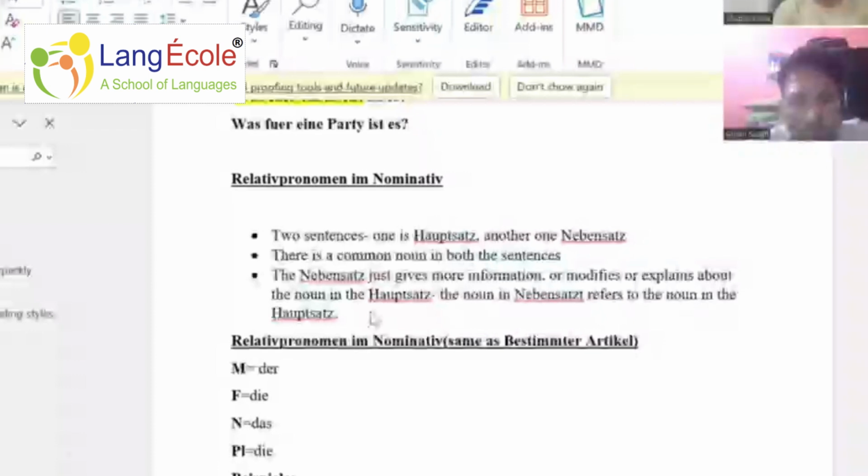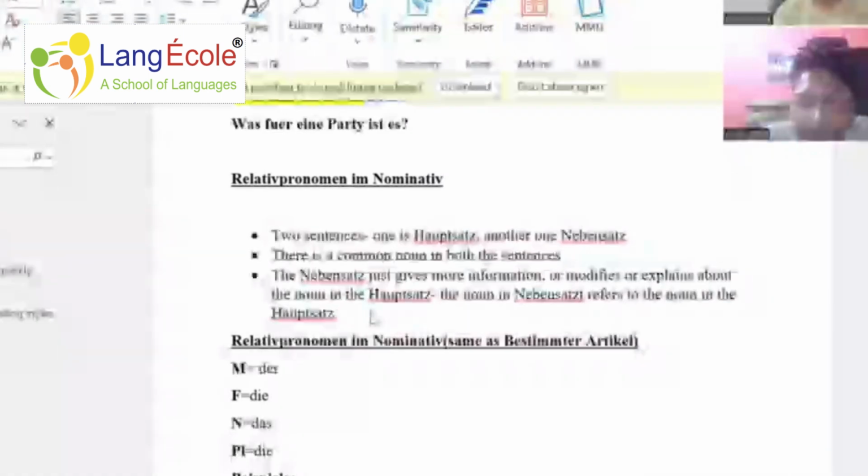So, Nebensatz in simple words is your next clause, which will give more information about it. For example, your first one is always the introductory form, she is a girl. Now we are just describing it, narrating it.